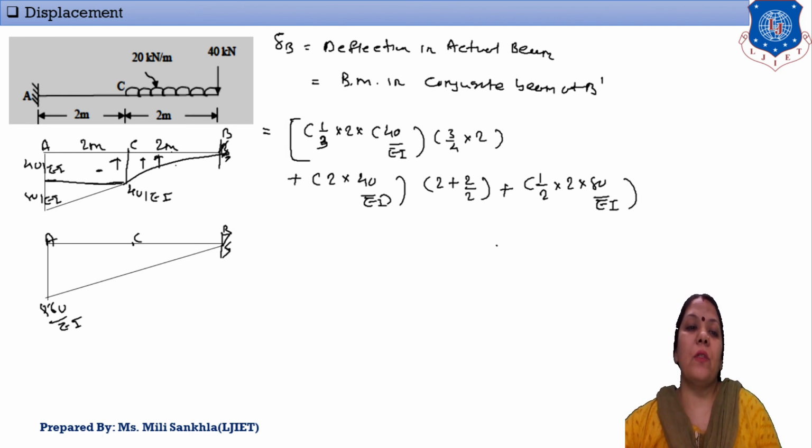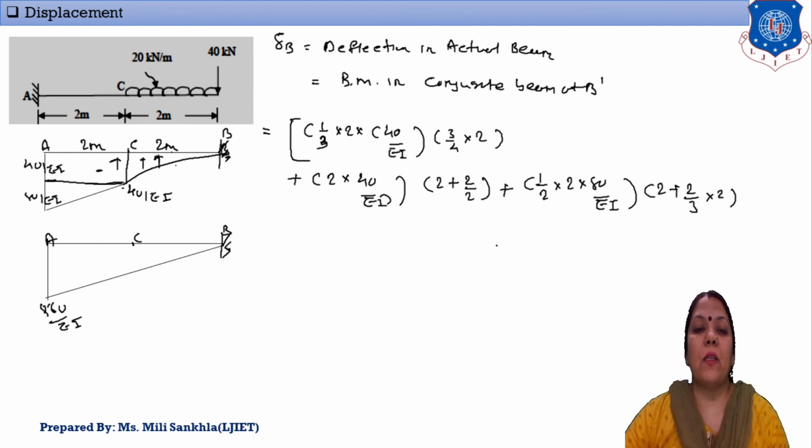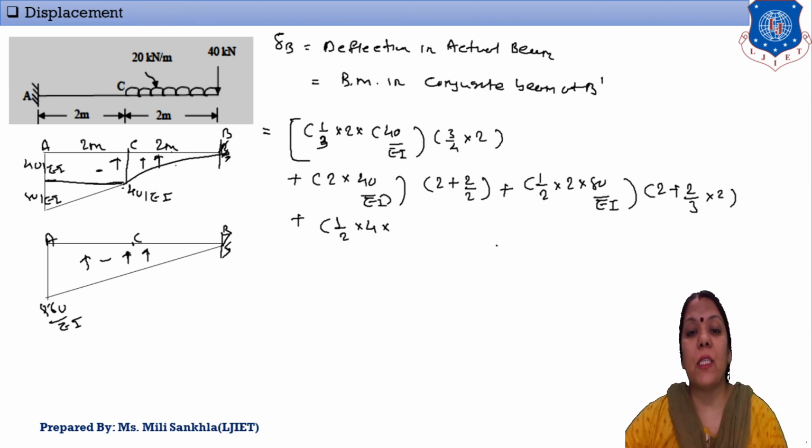For CG, first add this extra distance 2 meter, and 2 plus from apex CG is 2/3 into 2. Next our last is this moment diagram with the point load, 1/2 into 4, and height is given 160 by EI, and CG from this B point is equal to 2/3 into 4.